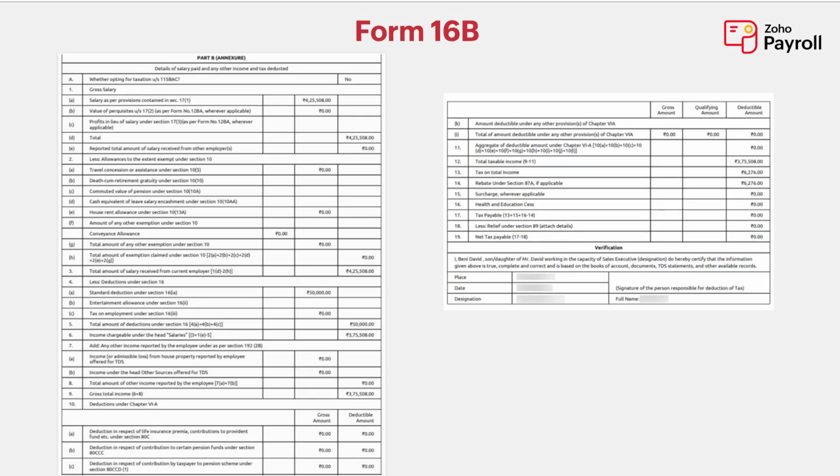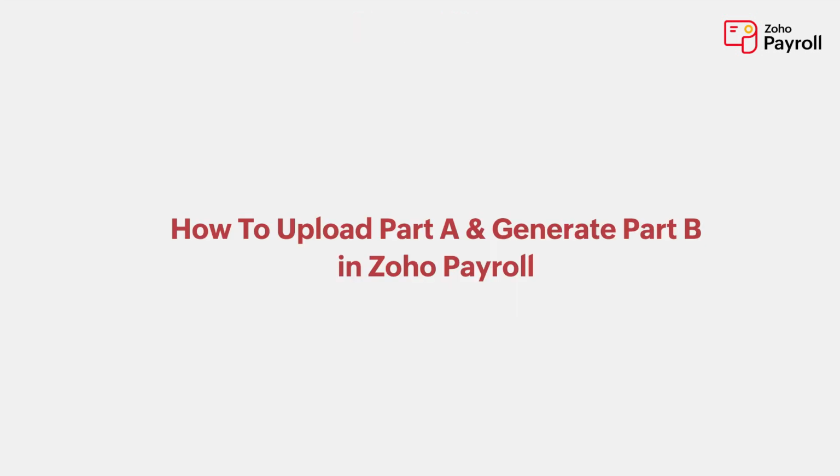Now, this is an example of Form 16's Part B, wherein you can see under various sections all of the different allowances as well as the exemptions under Section 10, 16, and Chapter 6A. Apart from that, you can also see the education cess as well as relief availed under Section 89. So from here, let us look into how you'll be able to generate a Form 16 using Zoho Payroll.